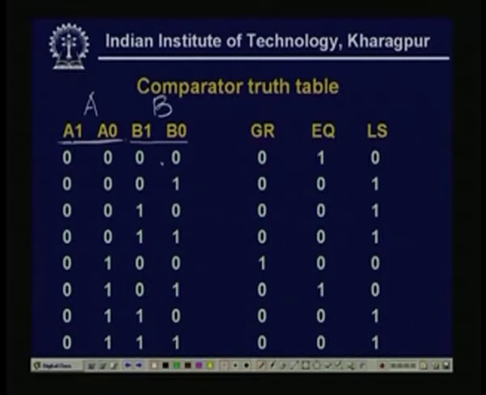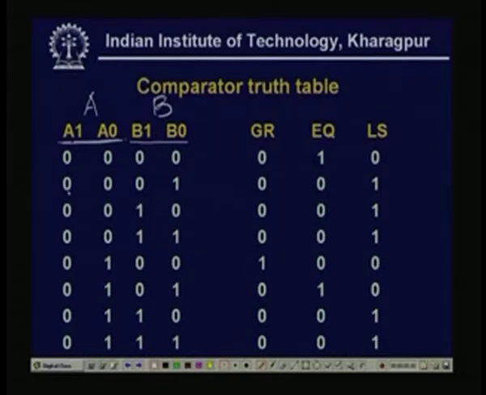So, as if we are thinking there are 4 variables A0, A1, B0, B1. Now, we take all possible combinations of the 4 inputs because they are the inputs, and we see what will be the output, means mainly we are trying to identify the output input relationship.